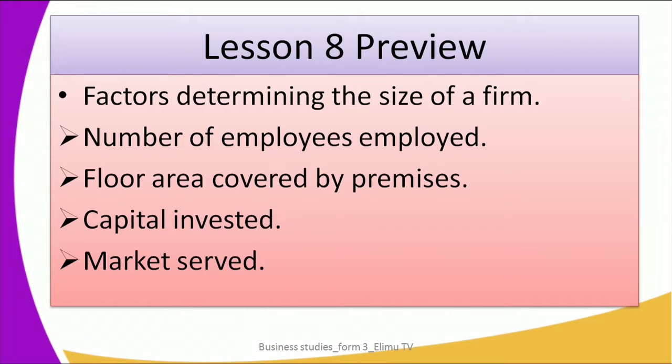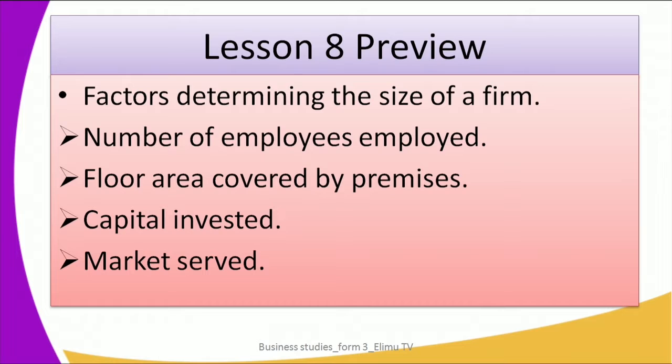Factor number 1 was the number of employees, the number of people employed in a farm. We said that if we have two farms, one with, for example, 200 employees, another one with 50 employees, the one with the highest number of employees is the one that is said to be a larger farm.